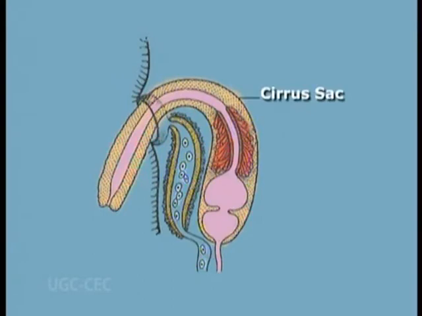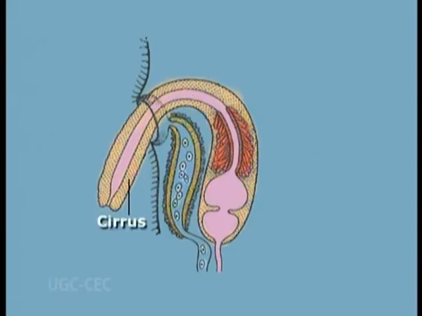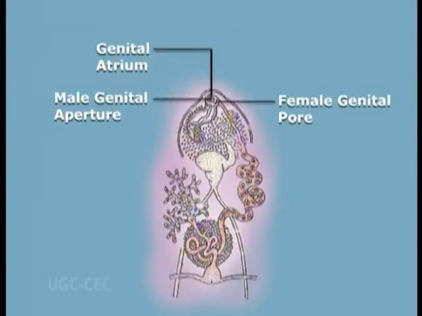You can see in the enlarged figure, it is also known as the penis of the liver fluke. You can see the ejaculatory duct which is entering into this cirrus, coming in a zigzag from the seminal vesicle. The cirrus opens into the genital chamber through the male genital pore.